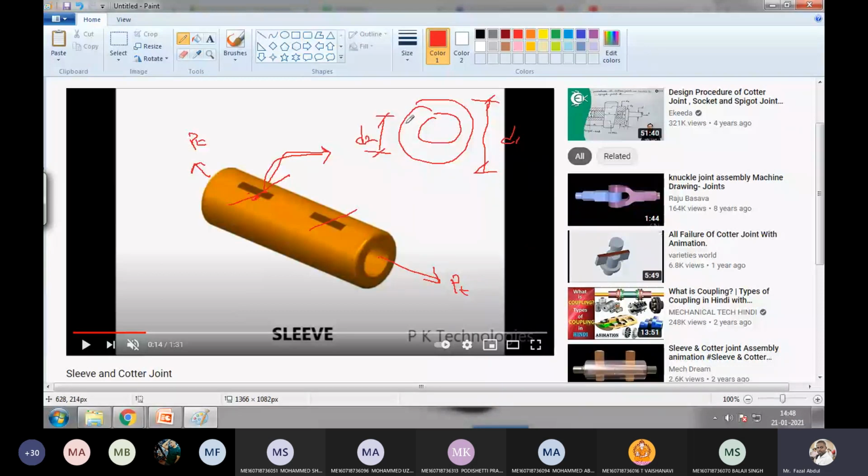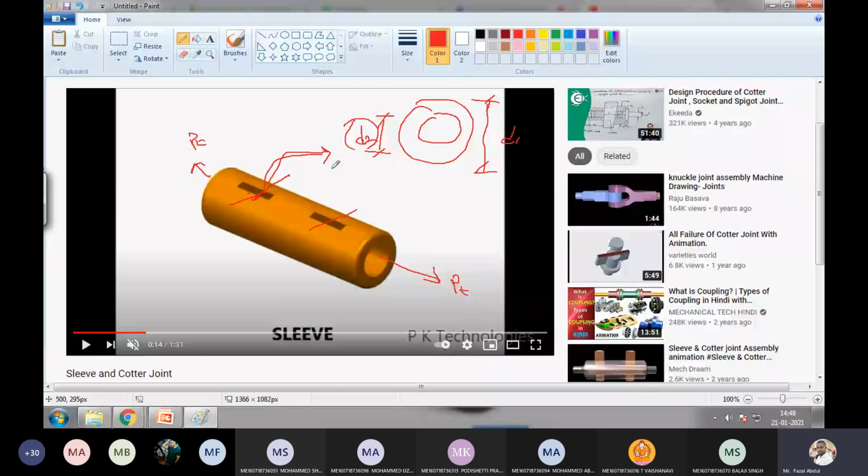D2 means the extension diameter of the rod, or else the inside diameter of the sleeve. For d2 we have two names. Remember this thing: d2 means inside diameter of the sleeve, otherwise extension diameter of the rod.